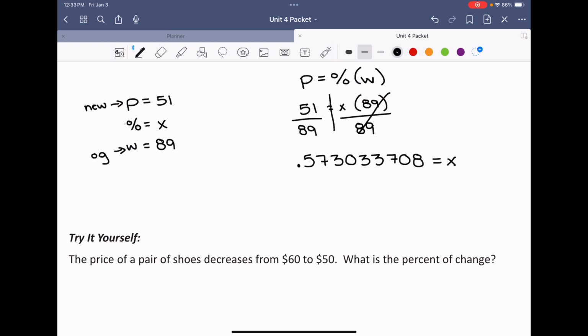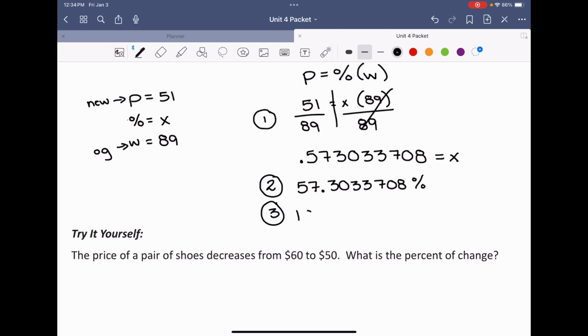All right, now we have to change that to a percent. So we're still doing the same steps. So first step is solving for the decimal. Second step is changing it to a percent. So multiply by 100 or use the buttons in your calculator. 57.3. And we're still writing the whole thing that showed up on the calculator. And my last step is to subtract from 100. So since this value is smaller than 100, we're going to subtract from 100. So it should always be highest minus lowest for this.